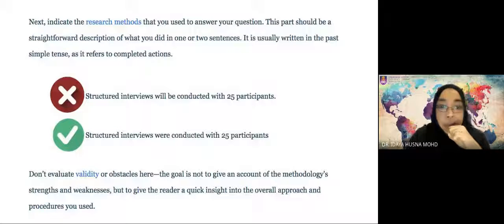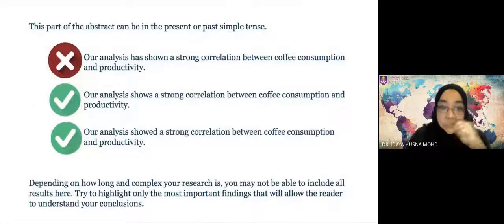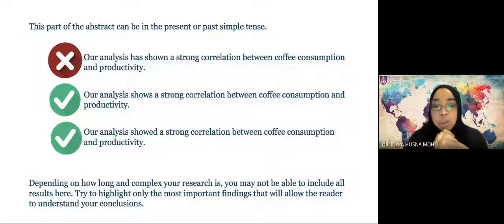For the methodology, it is a description, so you describe what you have done. And for the findings, it's also past simple tense, because you are explaining what you have done.